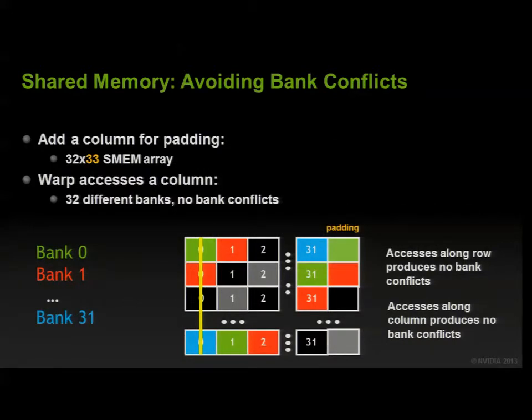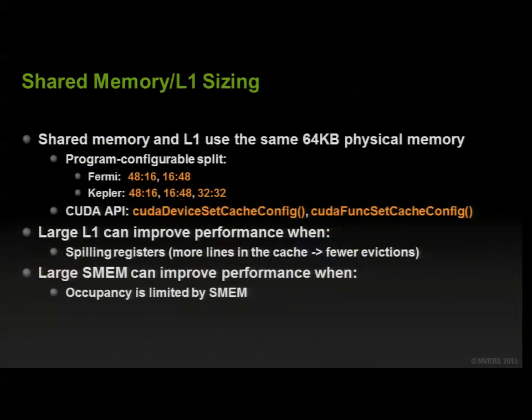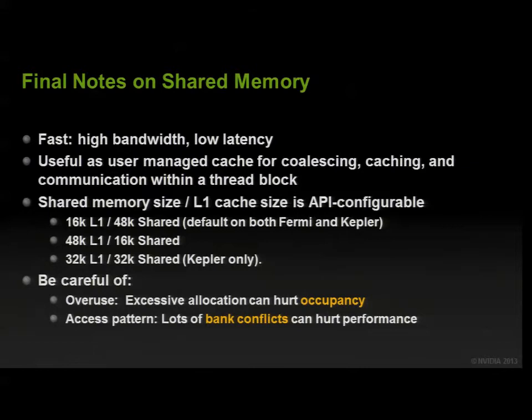So the banks are organized in words, so in floating points, 4 bytes. I mentioned this is not relevant for Kepler. Just one caveat: we added more shared memory that we use by this kernel.